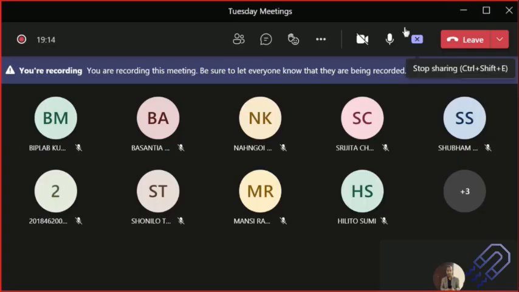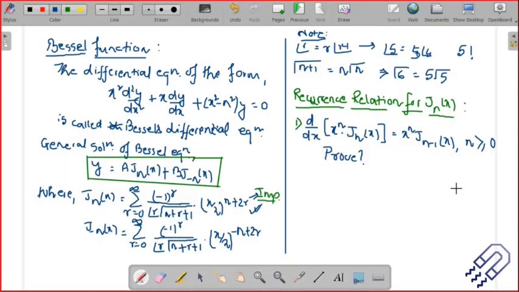So we have to prove this relation. I prefer not going too fast, because what I want is all of you should write it at the same time as I'm writing this.